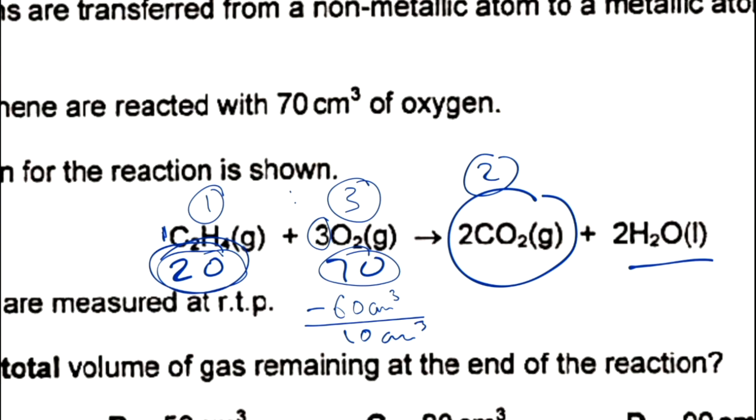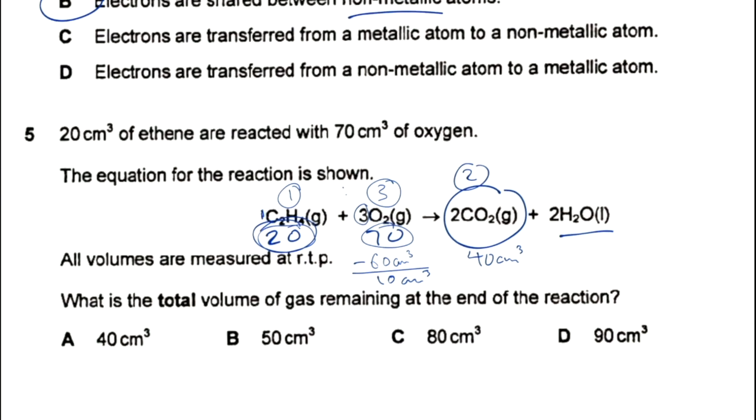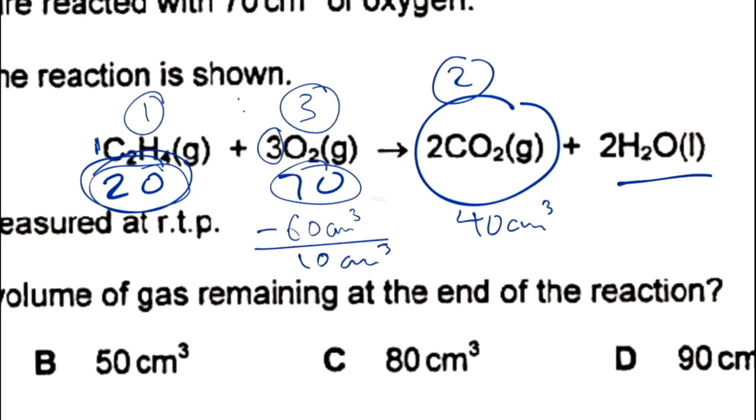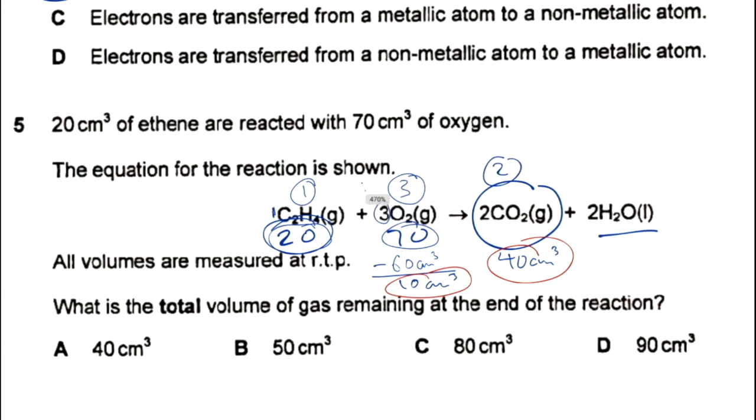That means there's going to be 40 cm cube of carbon dioxide gas produced, because 1:2. So the question is, what is remaining at the end of the experiment? The remaining ones are this because it is produced and this because it's not used. So we look at the red color, it's 10 and 40. Answer is B, 50 cm cube. Is that alright?